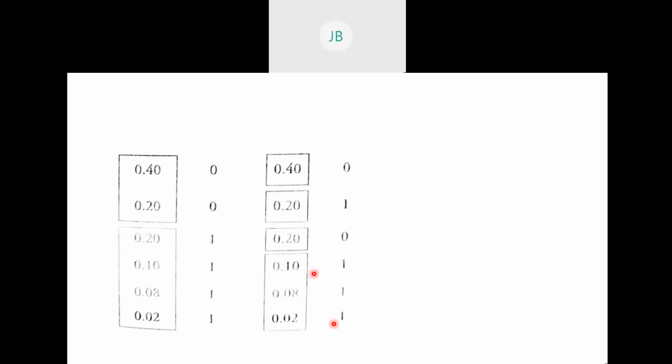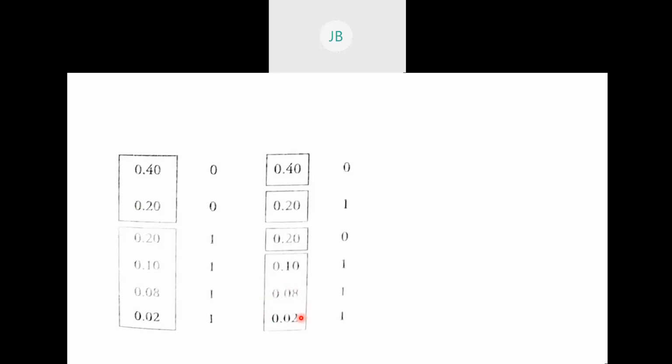Further, can we continue this? Yes, because this has one element, this has one element, this group also has one element. However, this group has 3 elements, so we need to try whether we can divide further. If we divide here, one of the groups will have 0.1, and these two members together constitute the second group with a total probability of 0.1 again.